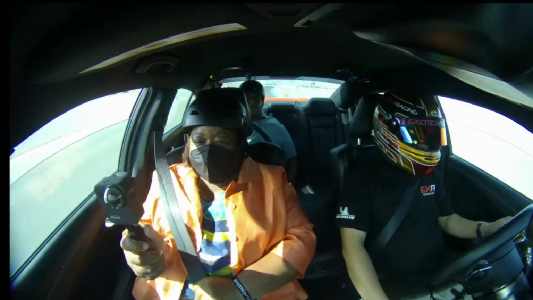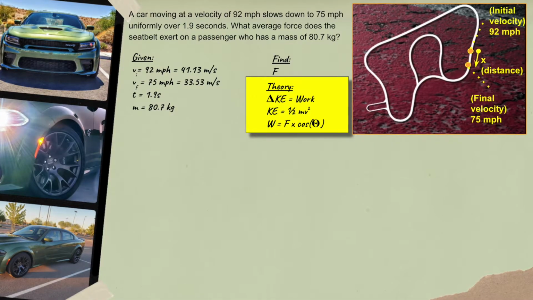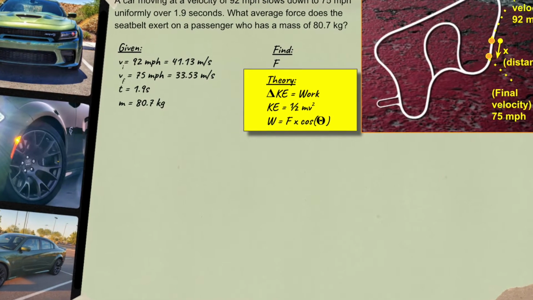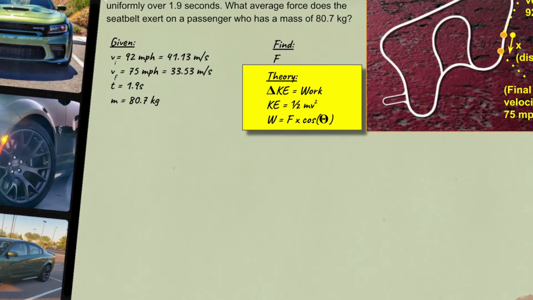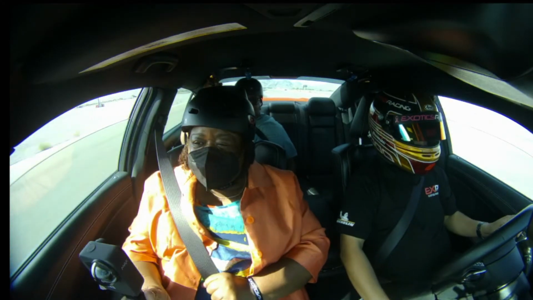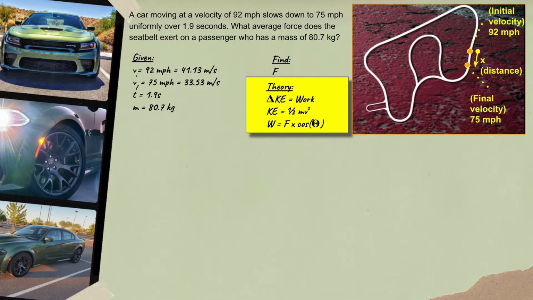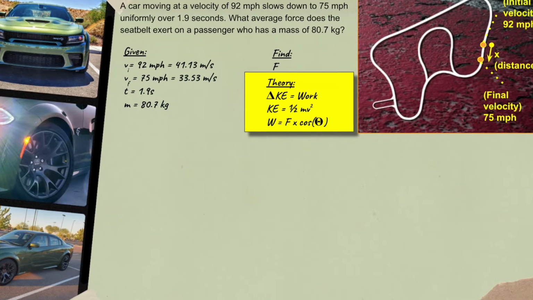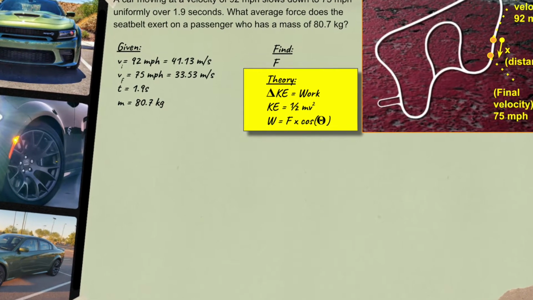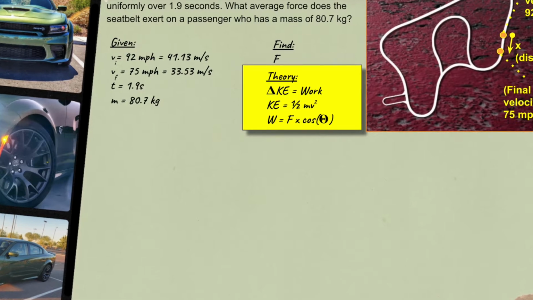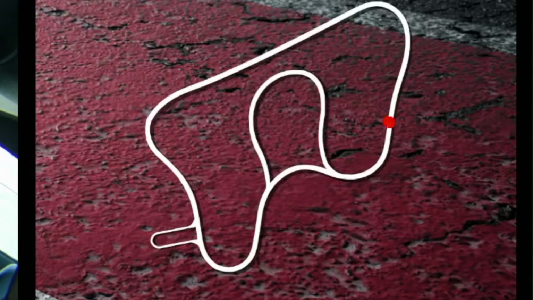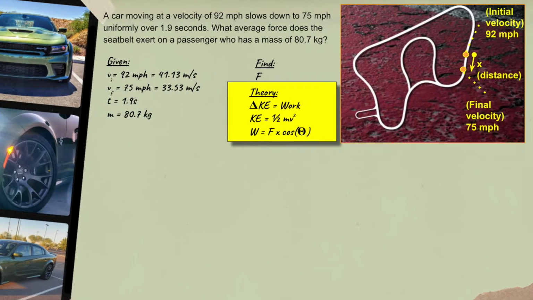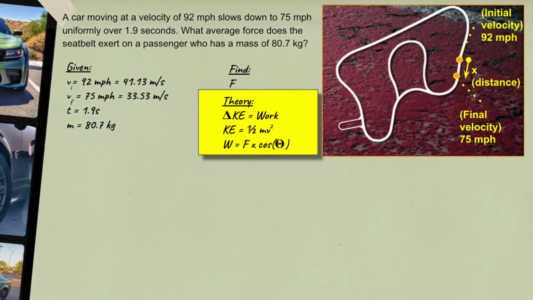Now, the force of the seatbelt, not on, of, acts in the direction opposite of the motion the passenger is moving. In other words, that force is in a direction 180 degrees from the motion. And the work done is that force times the distance it took to go from 92 miles per hour to 75 miles per hour times the cosine of 180 degrees.